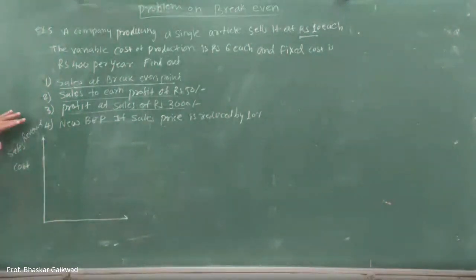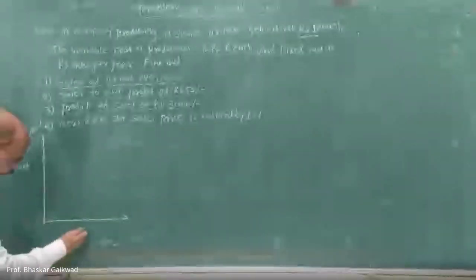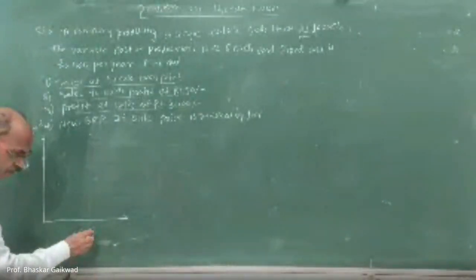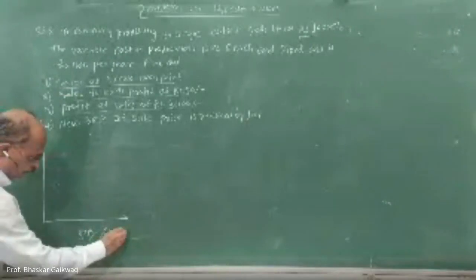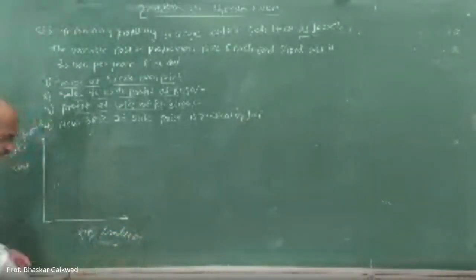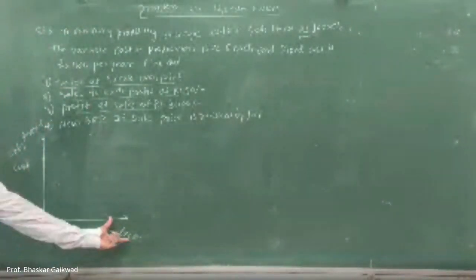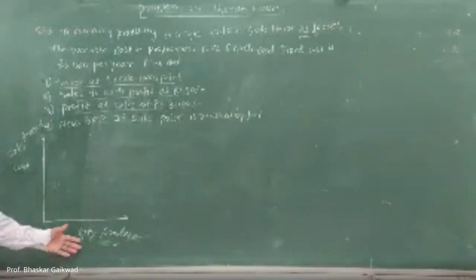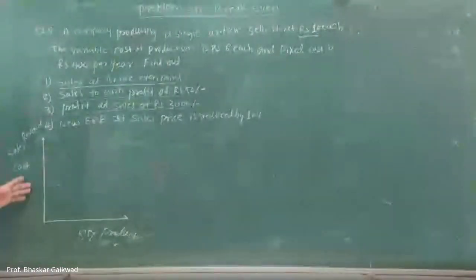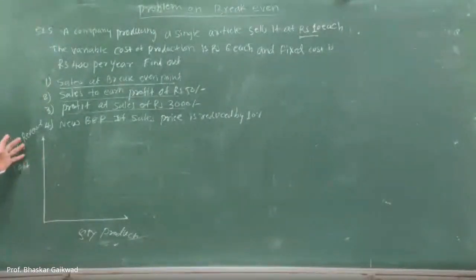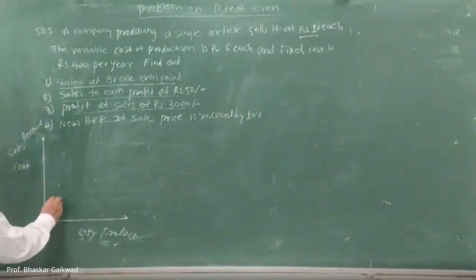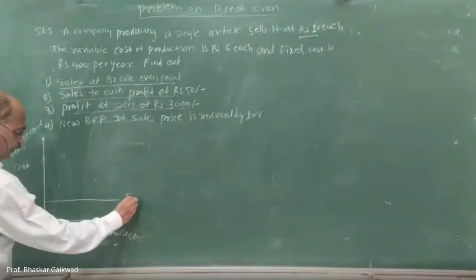Sales revenue means after sales, whatever amount you get. Here is the quantity of production or volume of production, maybe 1,000, 2,000 like this. This is the fixed cost, FC.